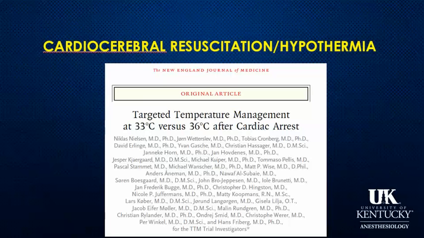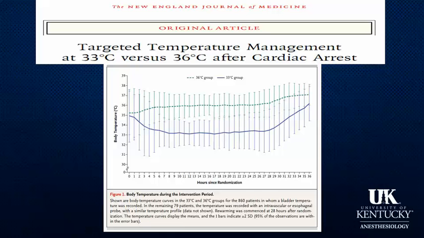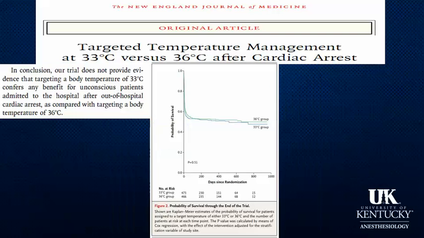So while hypothermia is recommended, all answers are not yet available, and more recent studies have questioned the benefit of targeting a body temperature of 33 degrees, for example, in the treatment of cardiac arrest.